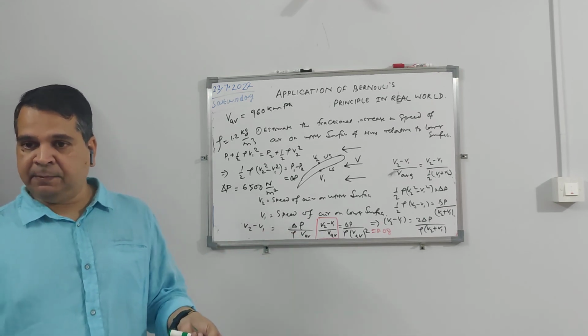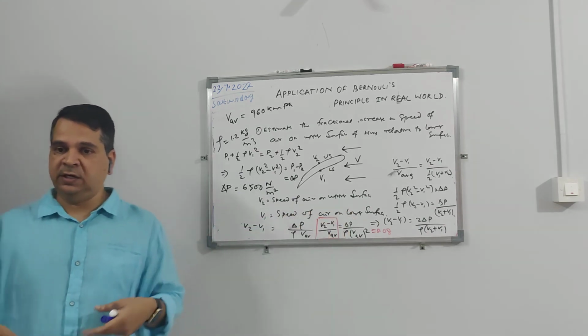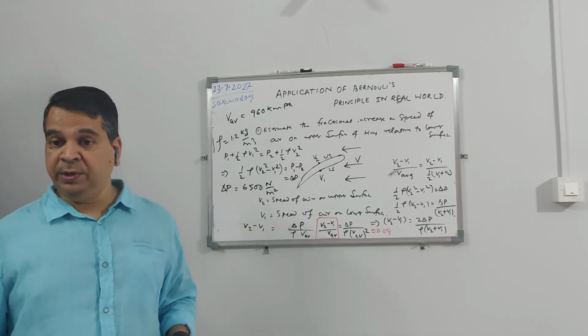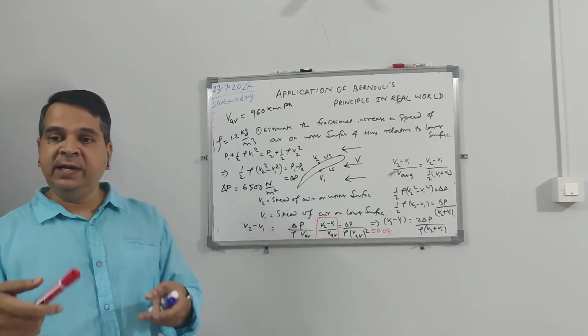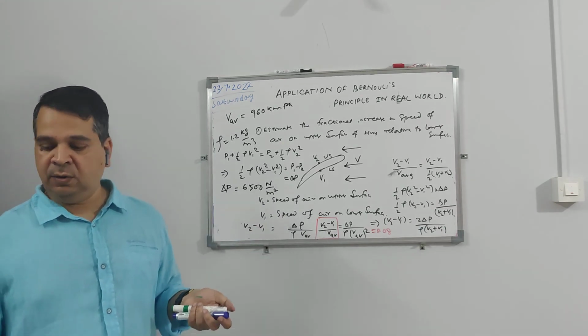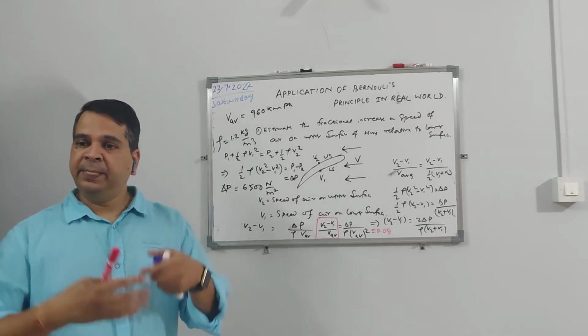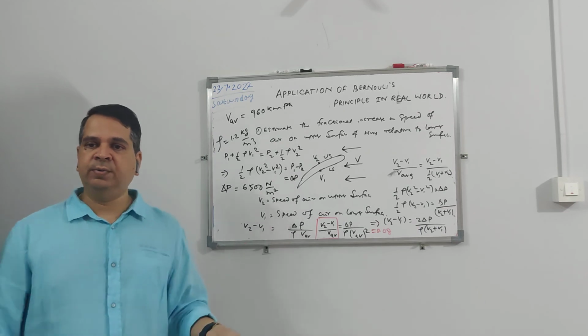If I know the lift and the velocity difference, I have to design my wing area. Say here, the wing area is 500 meters square. Then I design the wing: left wing will be 250, right wing will be 250, like that.